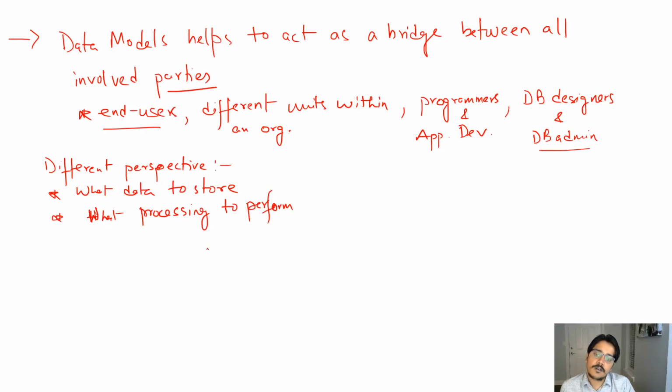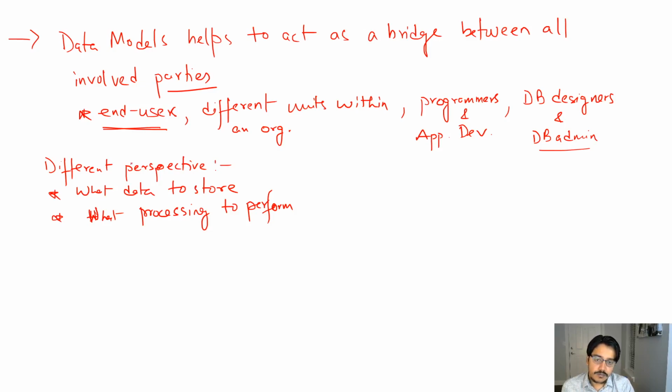Okay. But if you remember, if this issue is implemented for each involved entity within our database design process, then it takes us back to the file system domain, where all of the different involved parties will have their own version of the files, and that will lead to data redundancy and data anomalies, right?